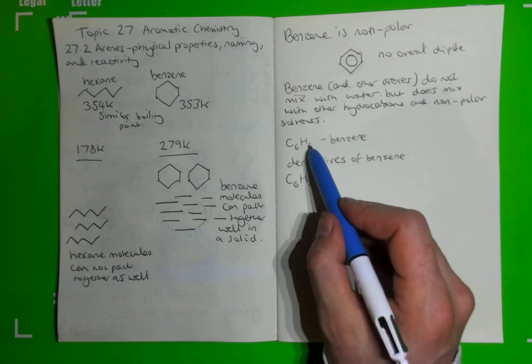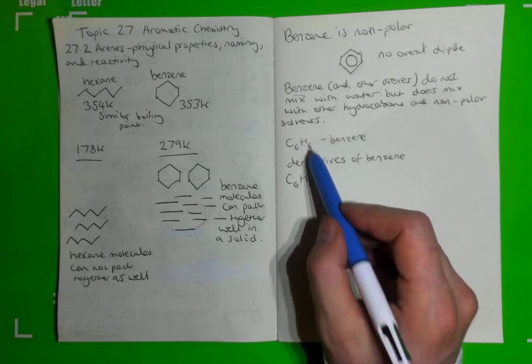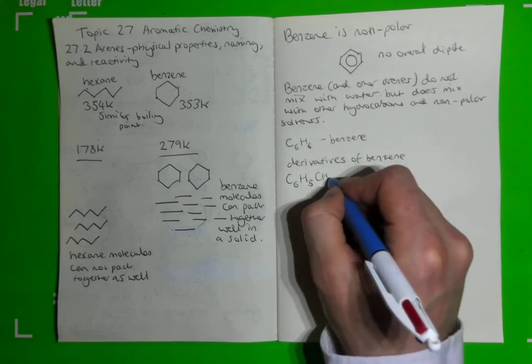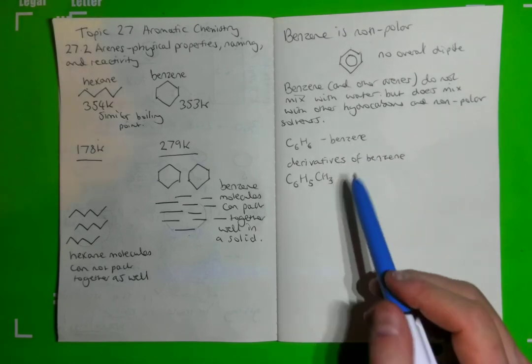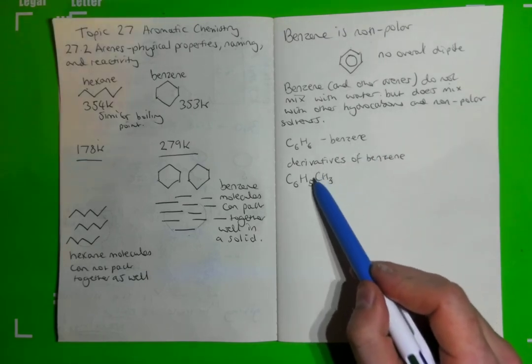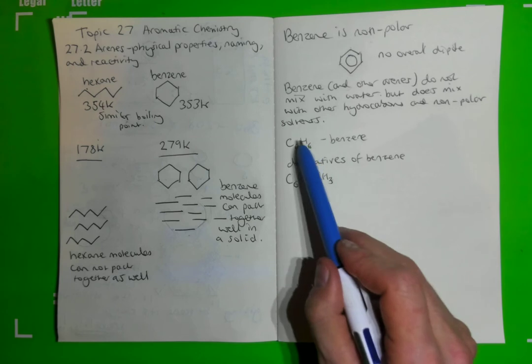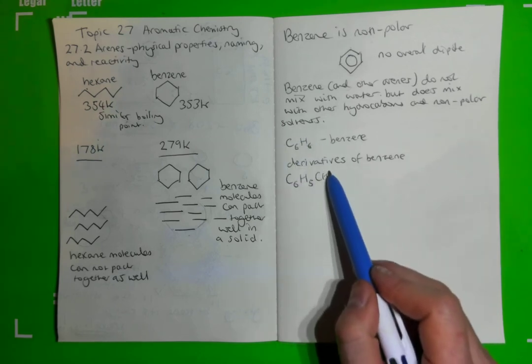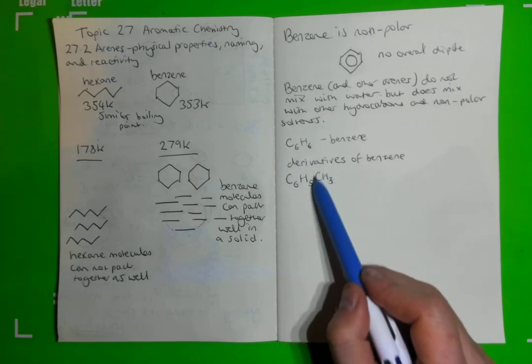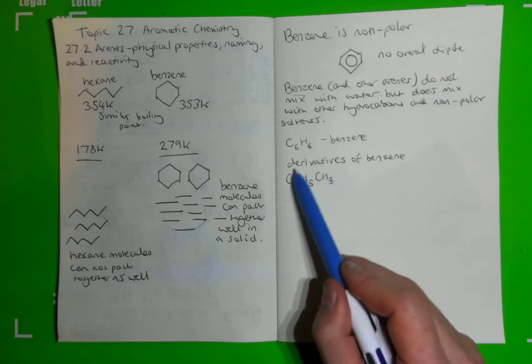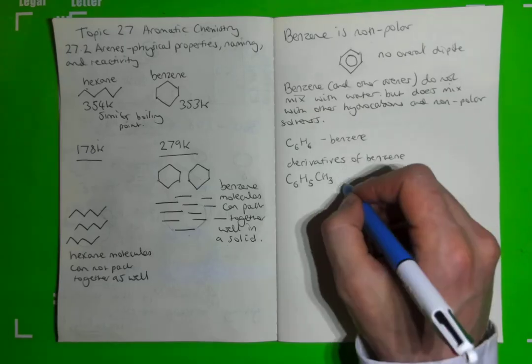So instead of having a 6th hydrogen, let's put on a CH3 group. And remember that a CH3 is what we'll call a methyl group. So this is benzene, and this is a methyl group attached to benzene. Then we'll call this molecule here methyl benzene.